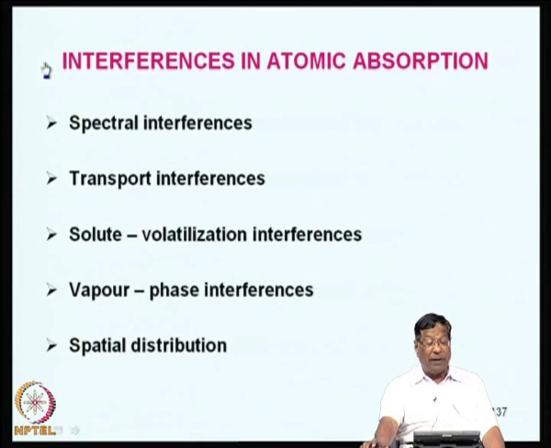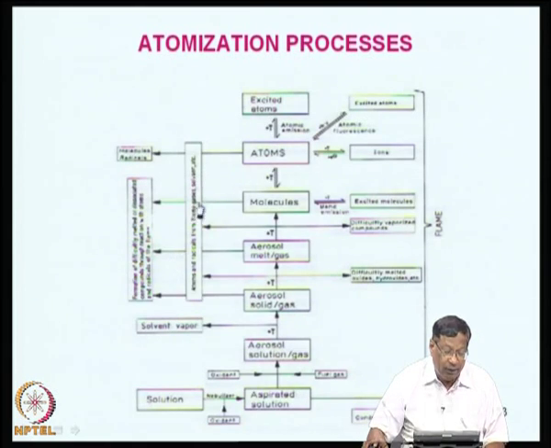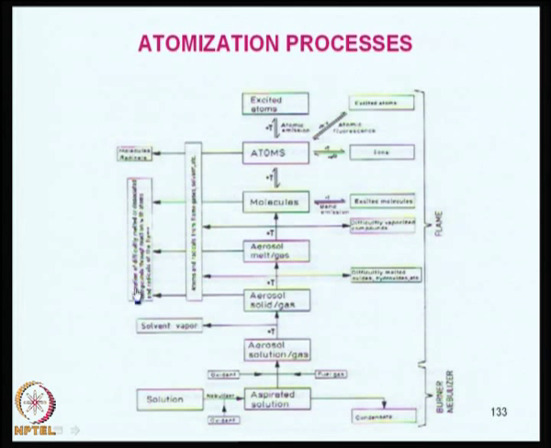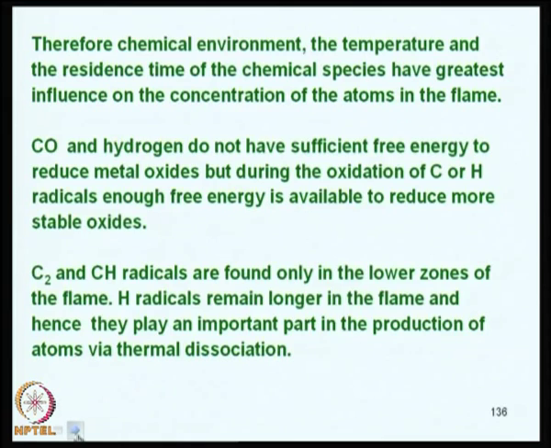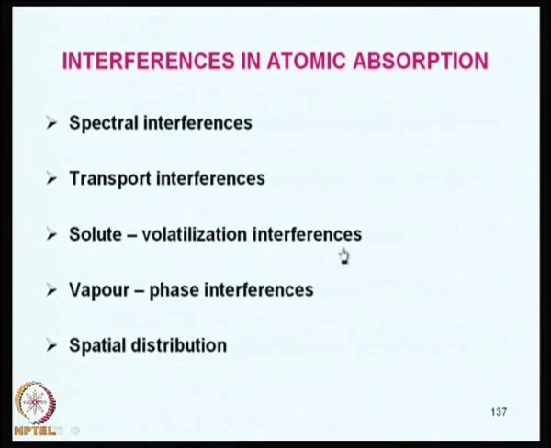So, one part is spectral interference and another is transport interference. This is due to the transport of the sample and solvent, etc. Then if you refer to the figure that I had shown you here, the solute and other interferences, formation of melts, oxides, etc. Such interferences can also occur due to volatilization.